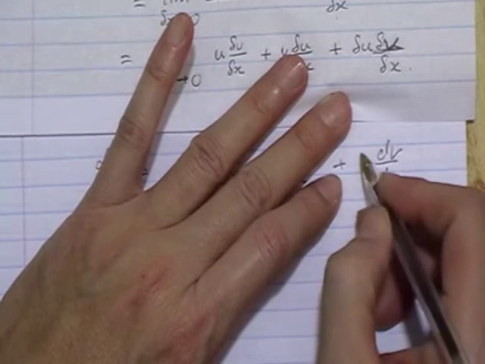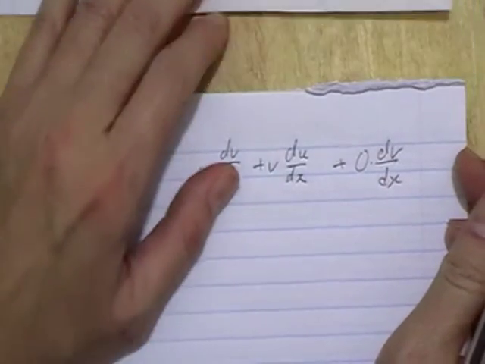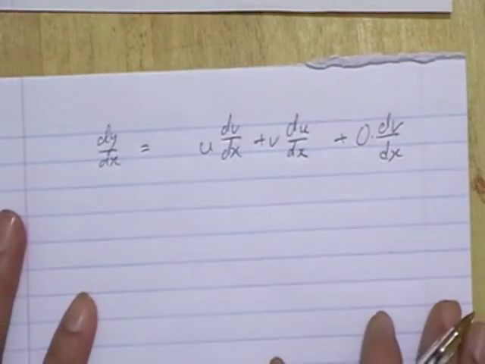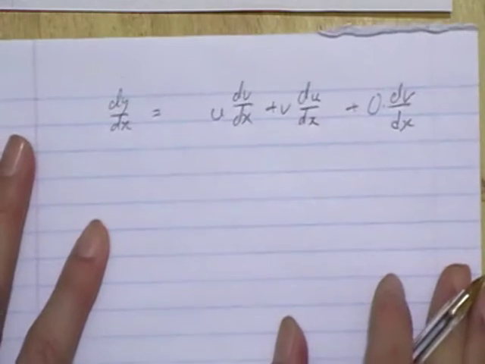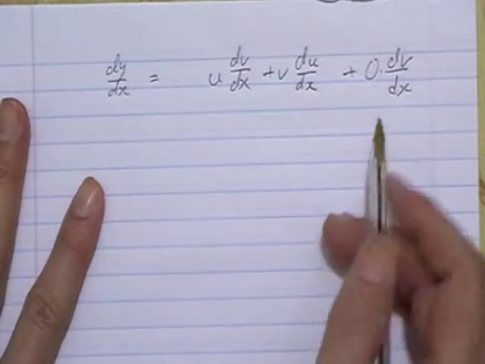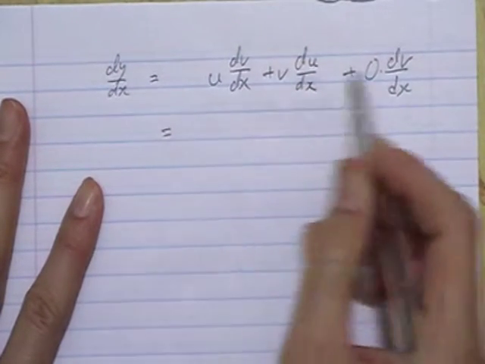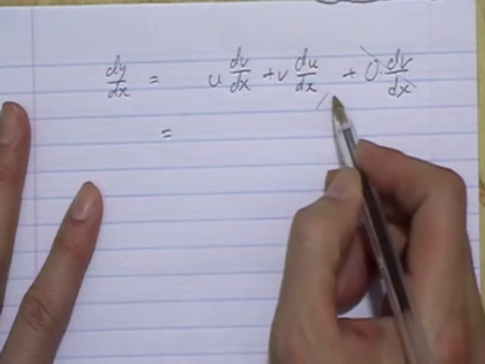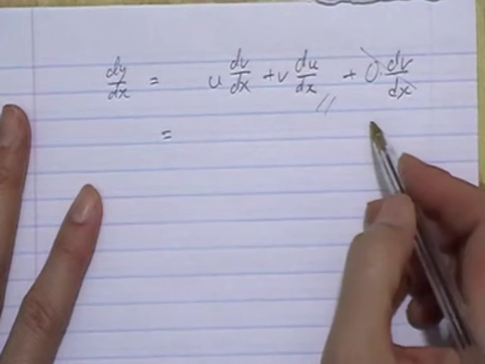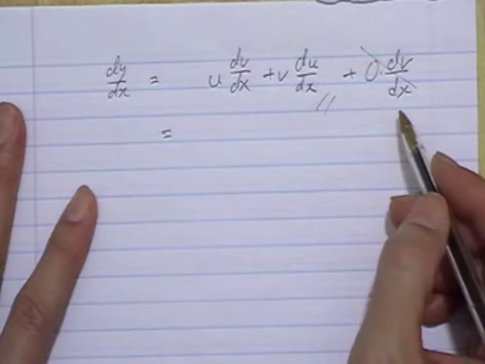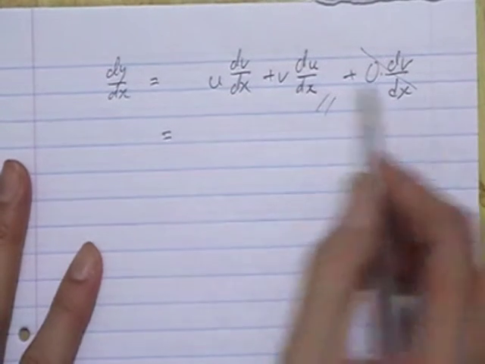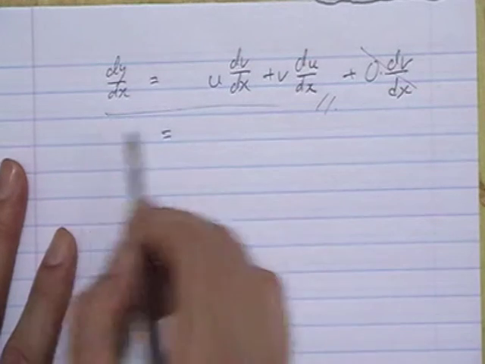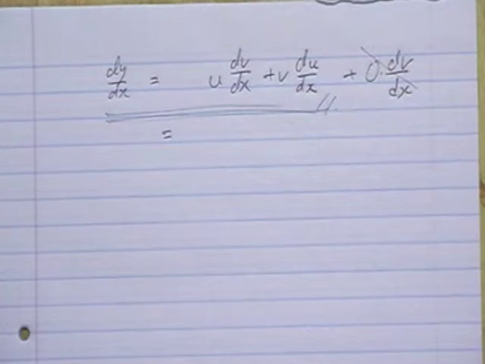Therefore, delta u tends to 0. So therefore, this is 0 and we're left with this, which proves the product rule. And we've got that.